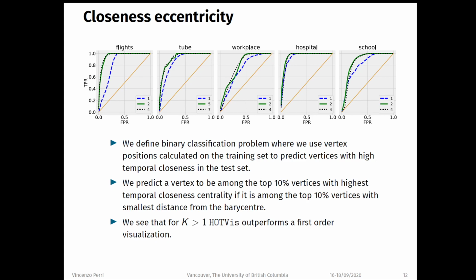So we predict a vertex to be among the top 10% with higher temporal closeness if it is among the top 10% with smallest distance from the barycenter. We evaluate this binary classification using ROC curves, and we see that for k larger than 1, HOTVis outperforms a first-order visualization.